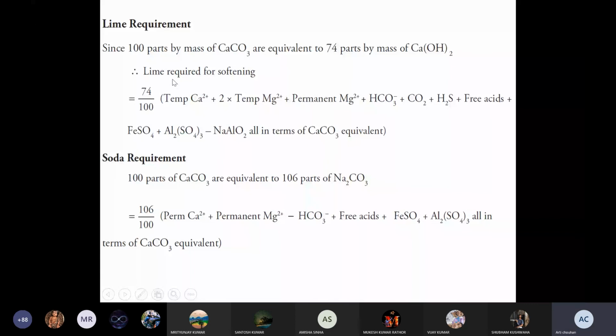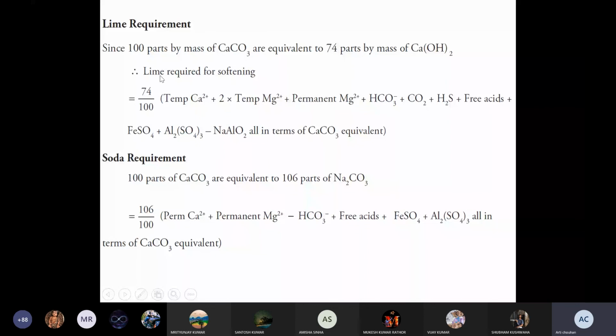So that's why we are putting a multiplication factor for converting the lime requirement in terms of calcium carbonate equivalent. You have to multiply the lime requirement by its multiplication factor, as 100 parts by mass of calcium carbonate are equivalent to 74 parts by mass of calcium hydroxide. Or you can say calcium carbonate has its equivalent weight 100 and calcium hydroxide has its mass 74. That's why the multiplication factor of the lime is 100 by 74.